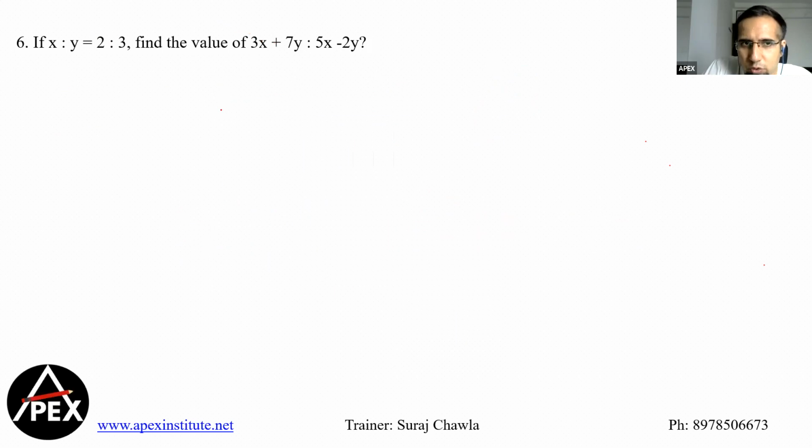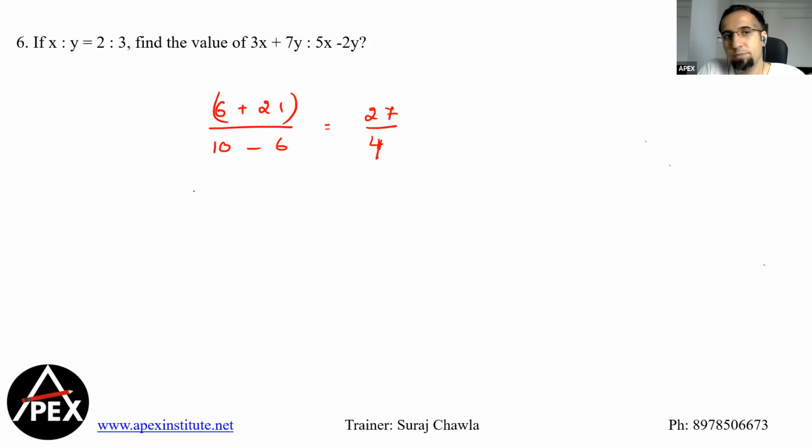So what is 3 into 2? 6. Forget k now. 7 into 3, 21. 5 into 2, 10. And 2 into 3 is 6. So you'll still get the same answer. But understand, you have to visualize that there is only one k here and only one k here. Only in that case can we apply this. Is this shortcut clear, guys? Quick responses, please.